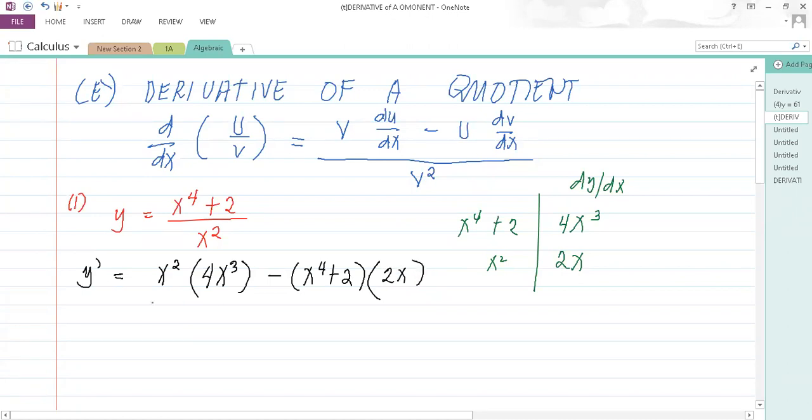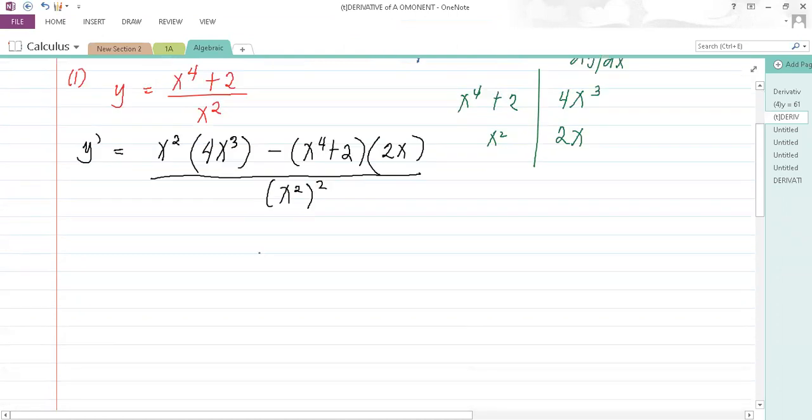Okay, so this is over the square of denominator. So yung denominator natin, x squared. So squared natin siya. So magiging x squared squared is x raised to 4. Okay, so we can now simplify our equation. That is y prime.